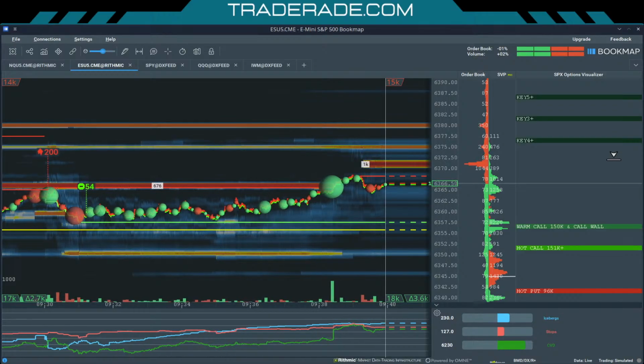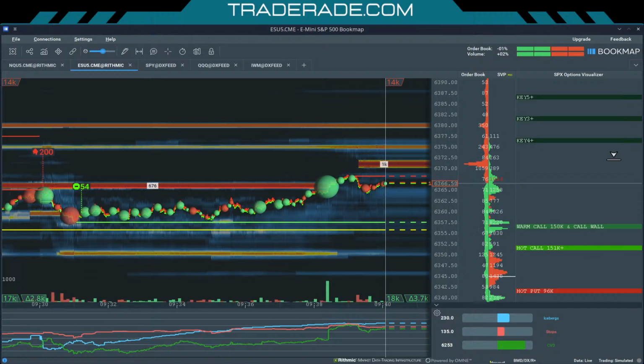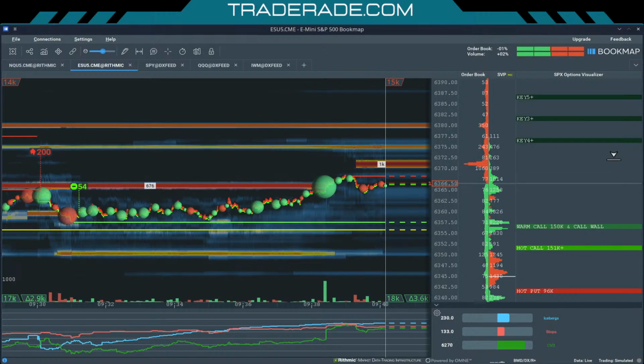And you can see there's a little bit of an excess on the bid side versus the offer side, 18,000 versus 15,000 with a delta of 3.7 thousand. So buyers overall showing up in force, but not by a large majority.